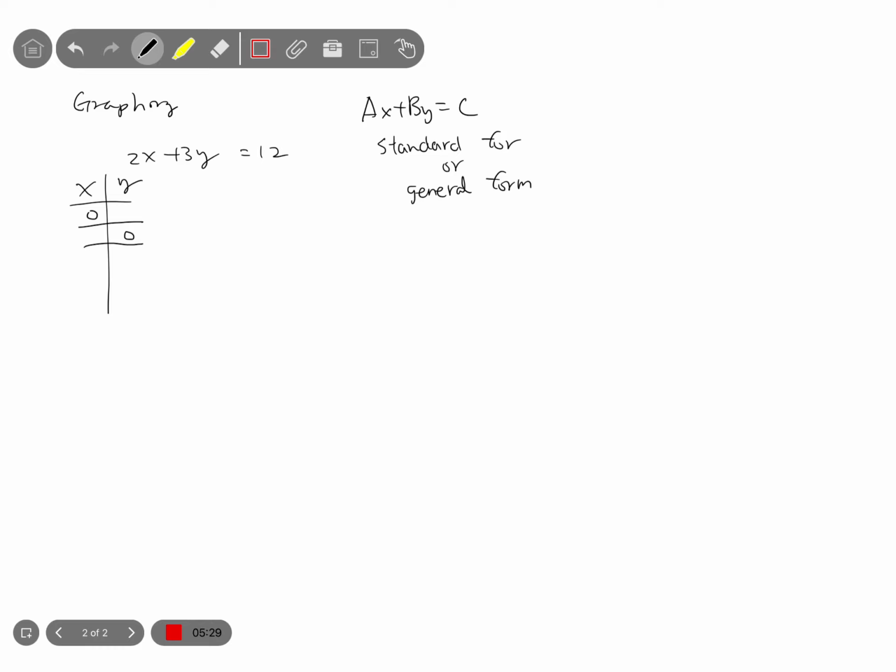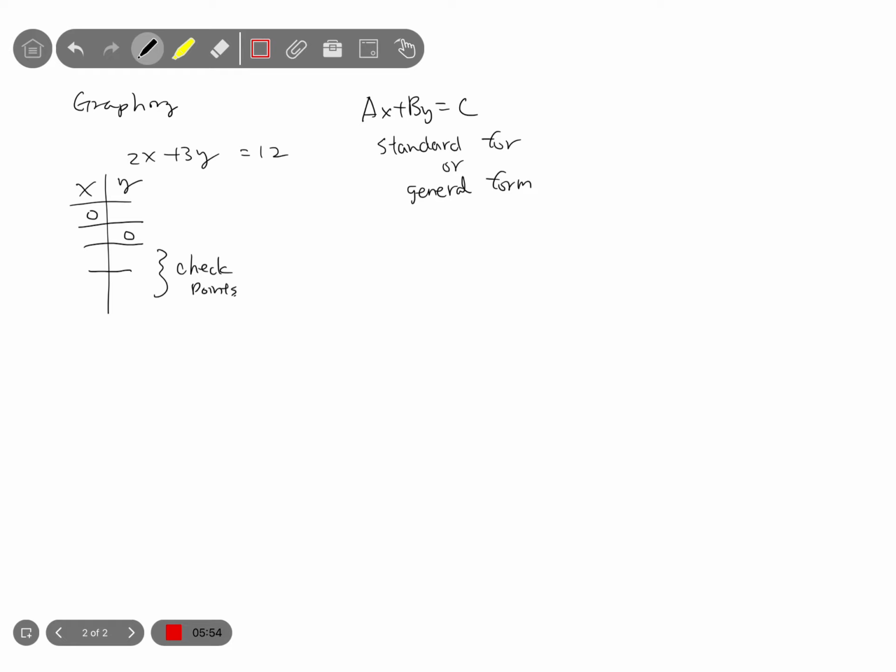However, it doesn't hurt to pick a couple more checkpoints. The reason is that when you're done with all the points and you connect them, they should all be on the same line. When you pick those three or four points, the first two points will get you the line, but the other two, the checkpoints, will make sure that all the points are on the same line.